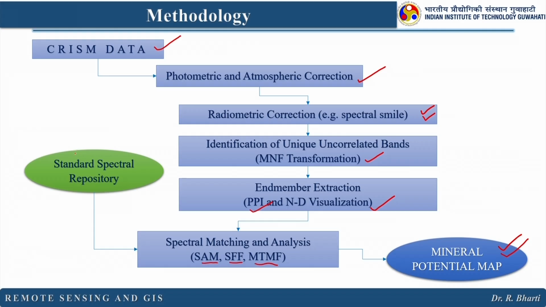So, that is why I have put here the standard spectral library, and then we do the spectral analysis and derive our composition, right. So, for a given pixel, what is the composition? That is derived by analyzing the image end members with respect to the spectral library, right.